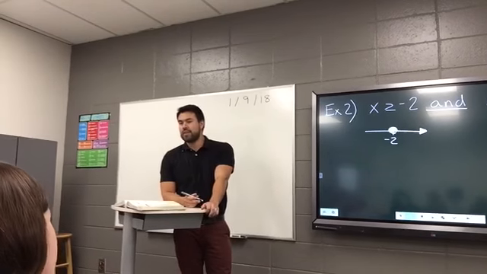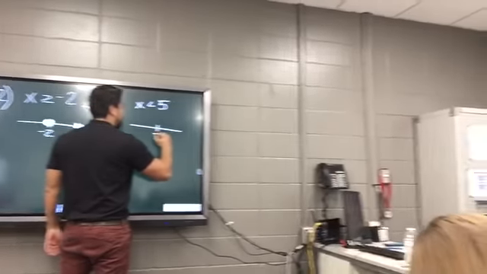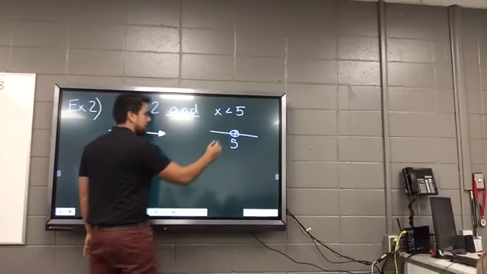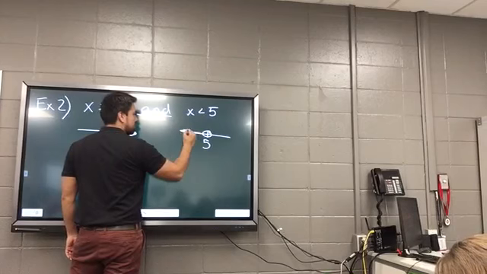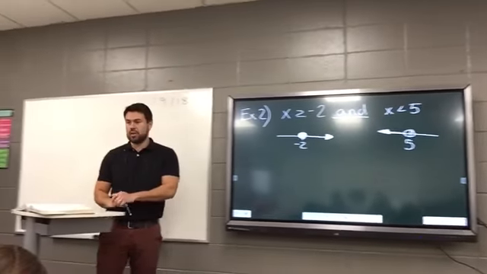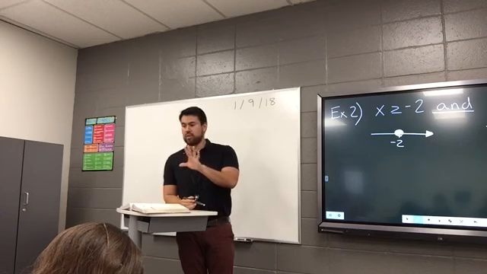How would you graph the second inequality? What kind of circle goes on positive 5? Open, with a line going to the left. Good. All right, so those are my two individual inequalities. But what I'm asking for is this. Once you're done writing that, please look up.